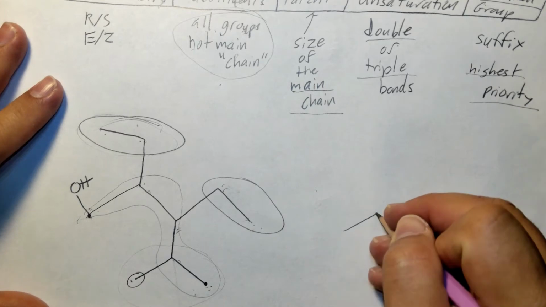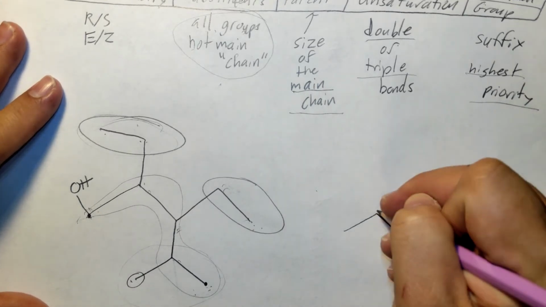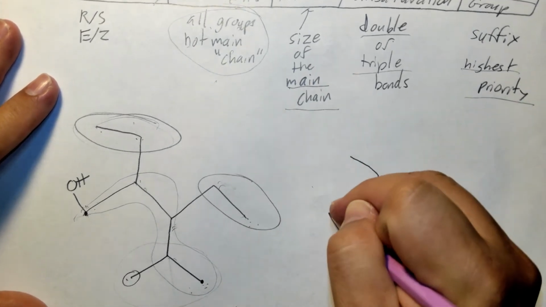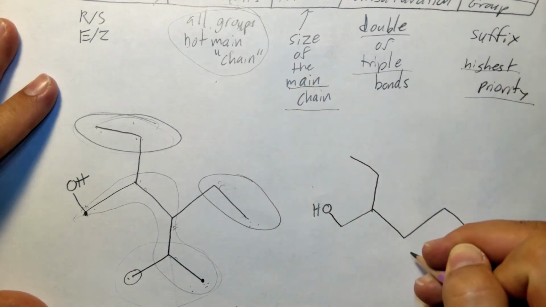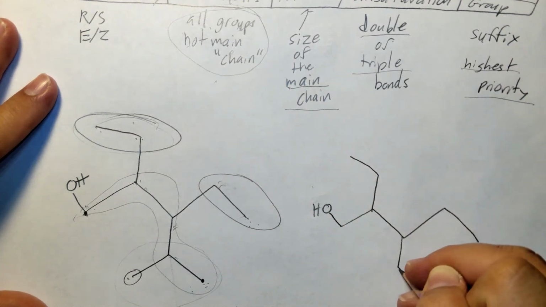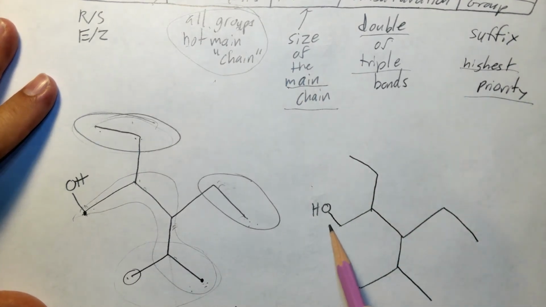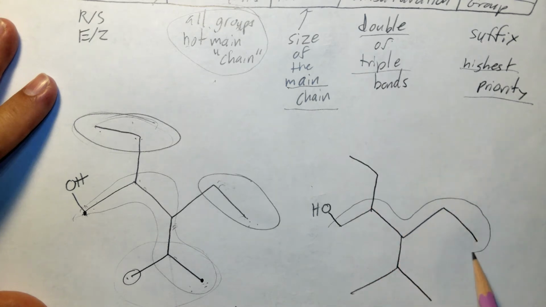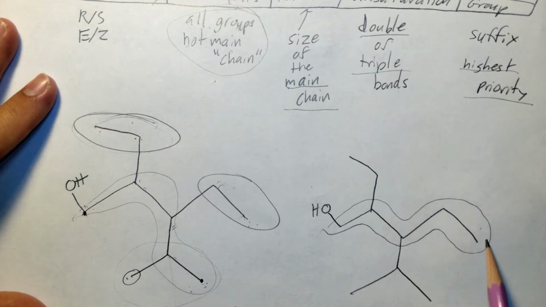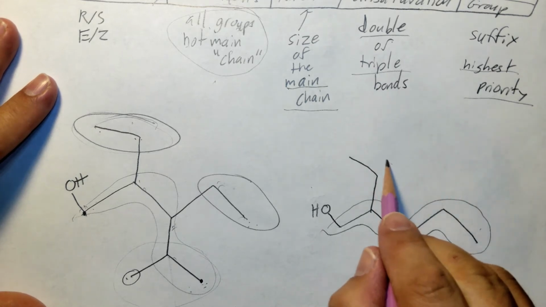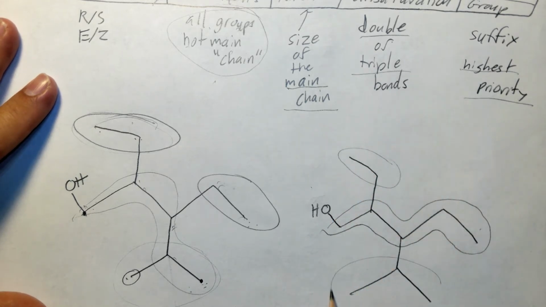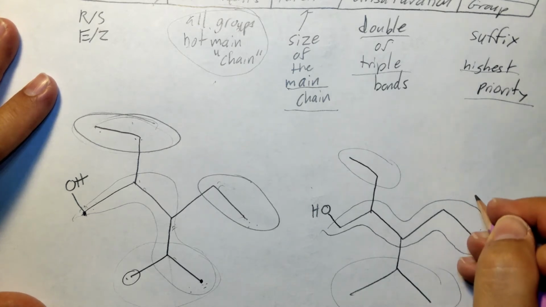Let me draw the alternative again over here. So if we are looking at this little snake here, then these would be the substituents, and there would be 2 substituents for this parent chain.